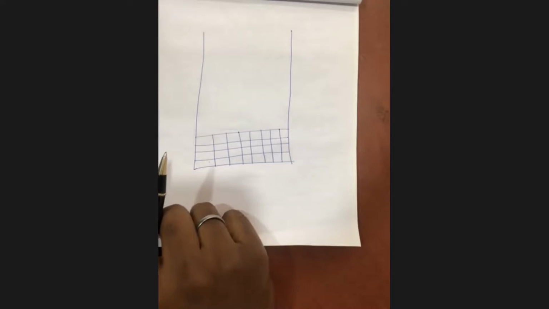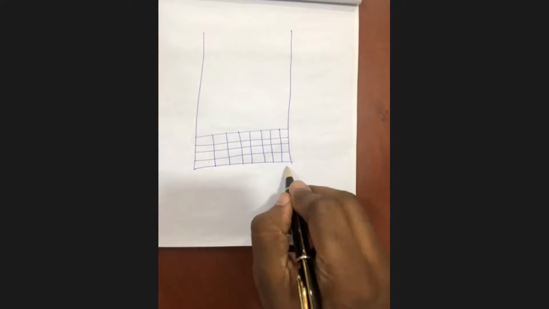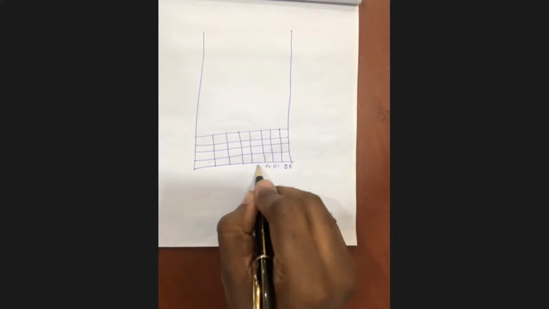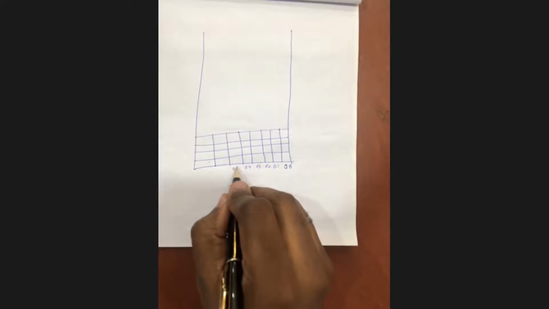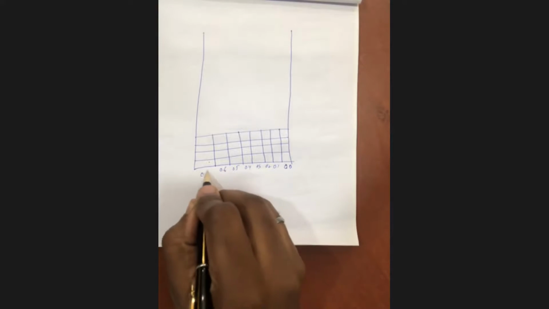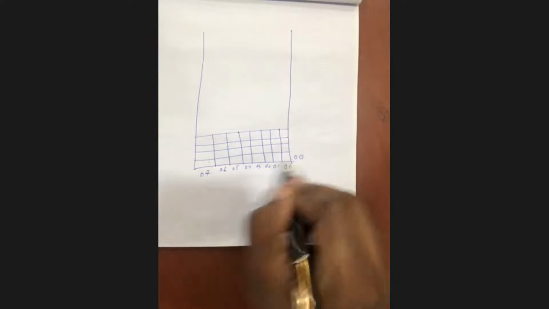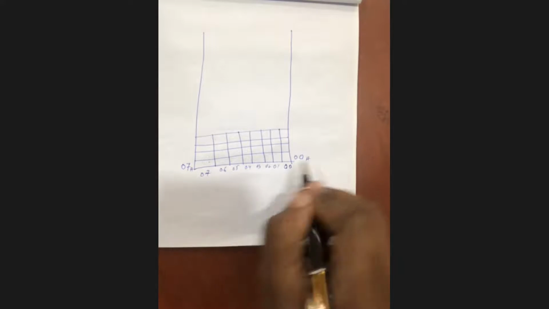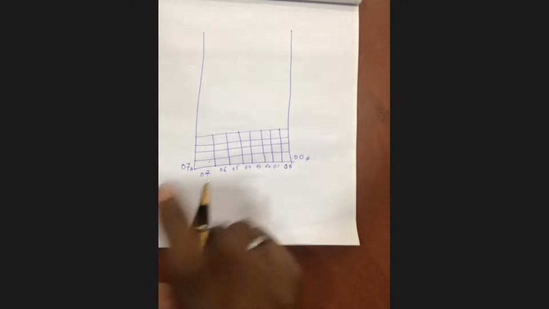This location is 00, 01, 02, 03, 04, 05, 06, and 07, so it's 00 to 07.